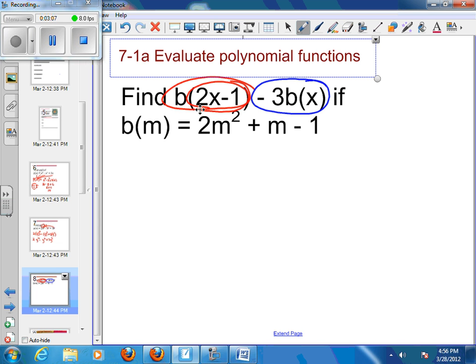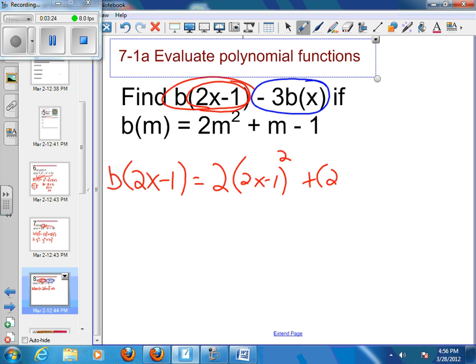So I come down to my b, and why don't I do them separately, and then I'll put them back together. So I put my 2x minus 1 anywhere my m is, and just rewrite it.